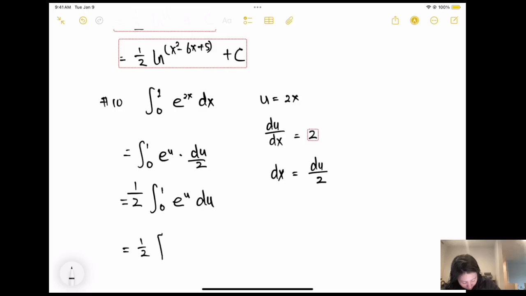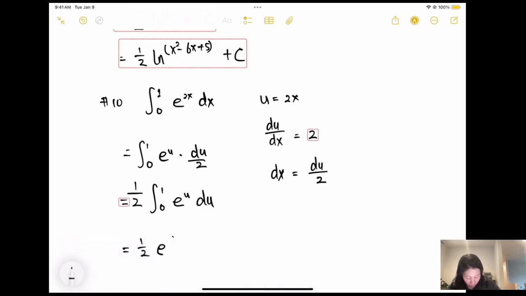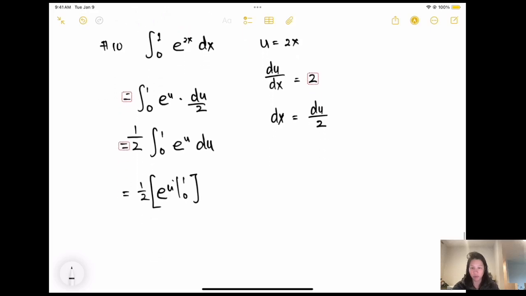So after we get the antiderivative, this is equal to e to the u from 0 to 1. This part does not include the 1/2; the 1/2 should multiply your whole answer. So I have 1/2 times e to the 2x from 0 to 1.